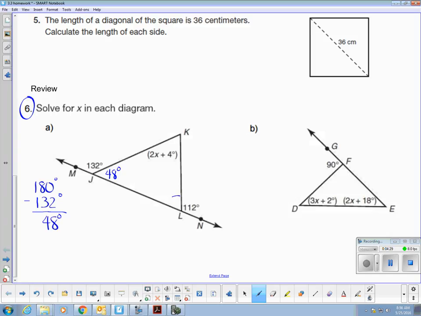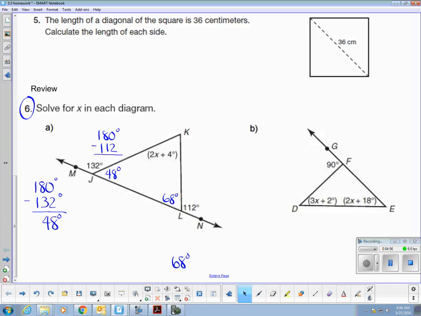And then I'm going to do the same thing for this angle here. 180 degrees minus 112 degrees. So now I can write an equation that can help me to find x.